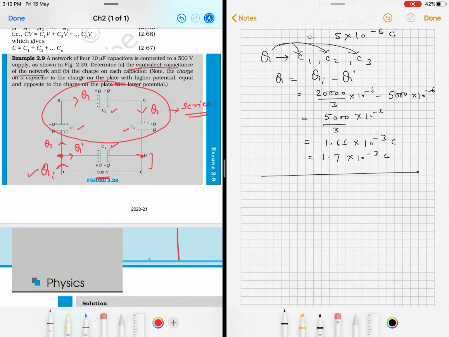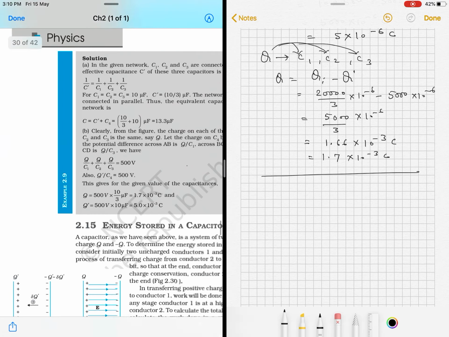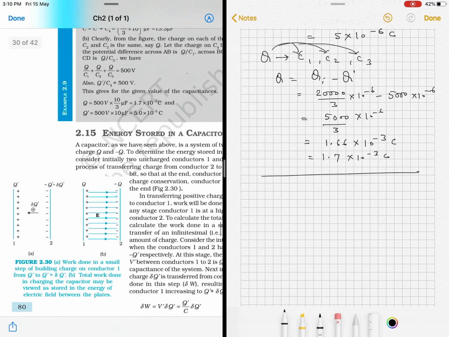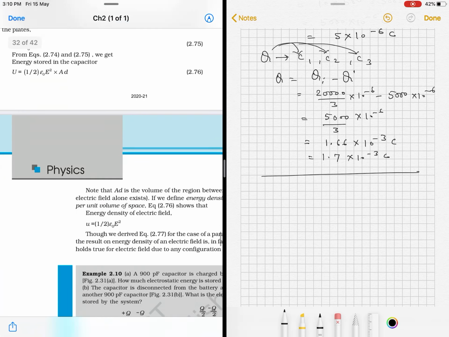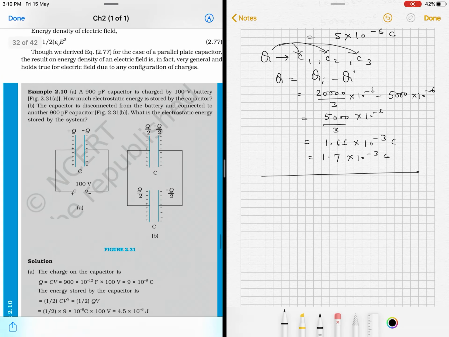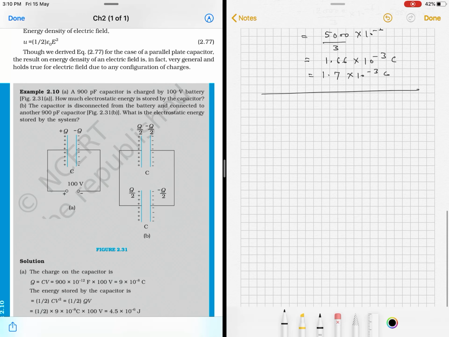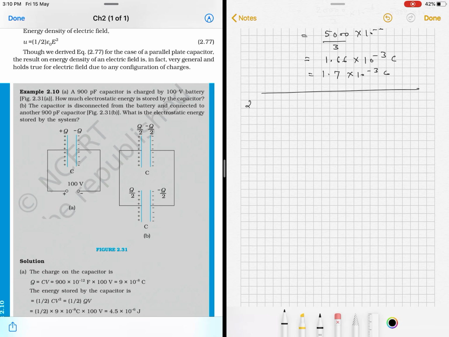Now we come to the next example. Now this is example number 2.10.